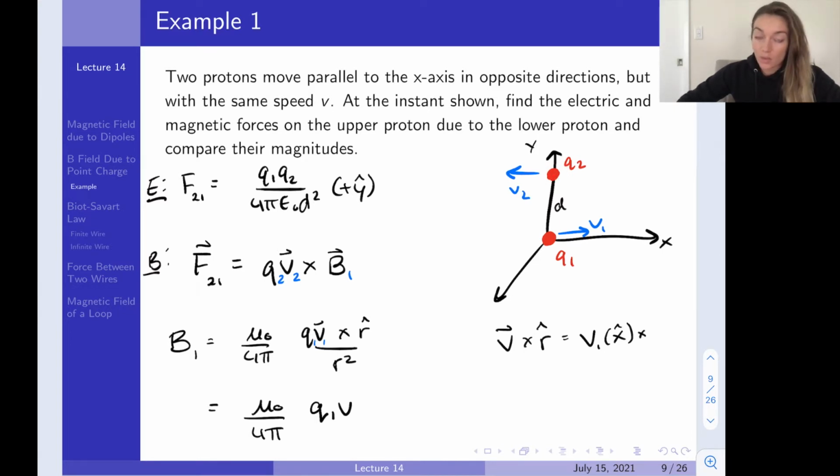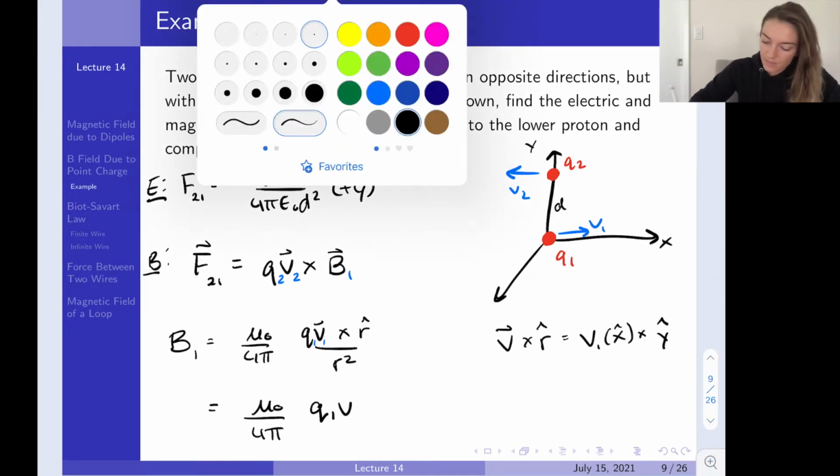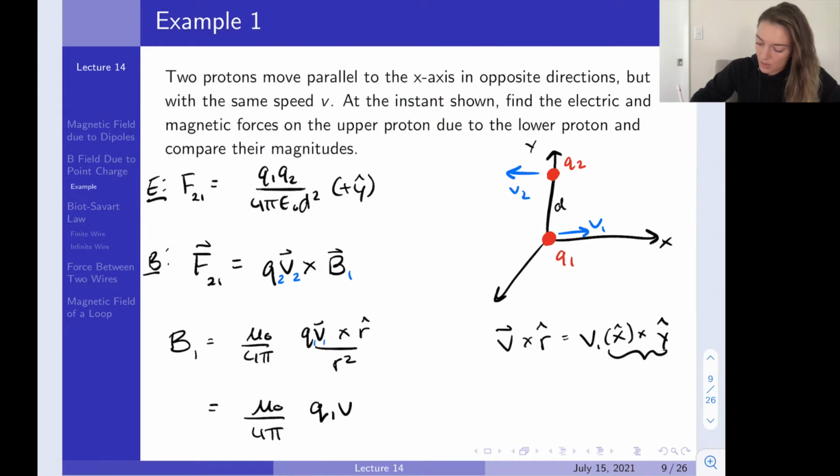So this is in the y hat direction. Remember, r hat is just a unit vector, so it's just in the y hat direction. So this cross product ends up being V1 in the z hat direction, because x hat cross y hat is z hat. So we have Q1 V1 over r squared in the z hat direction. Now the distance is just d, so I'm going to replace r squared with d squared down here.